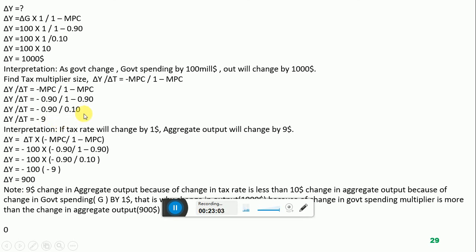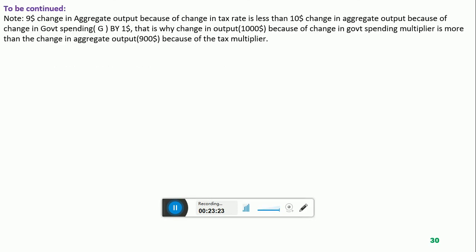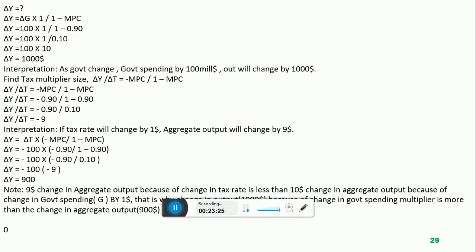This means that if the government increases tax by $1, aggregate output will decrease by $9. So this is a multiple, and the negative sign just means a negative relationship between the increase in tax and the decrease in aggregate output level.